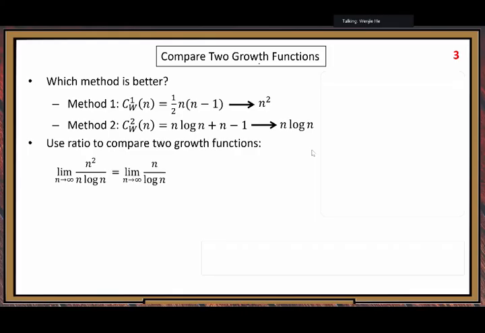After simplification, we need to calculate the limit of n over log of n when n goes to infinity. So this log function, actually the base is not that important. Here I didn't put the base, because we can use the general base. The specific base number is not that important.